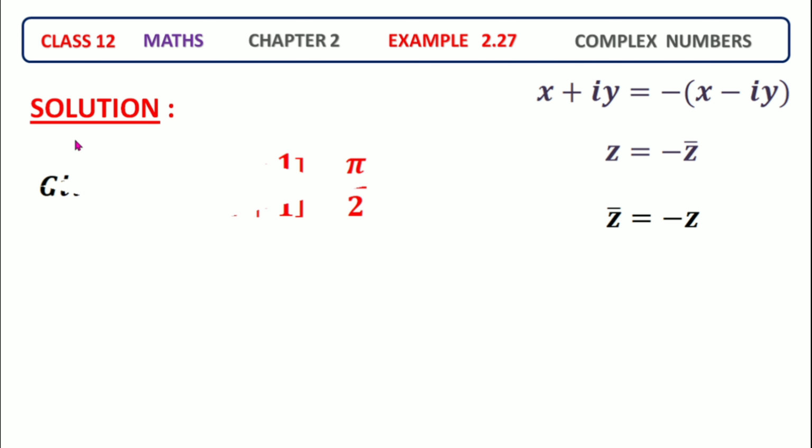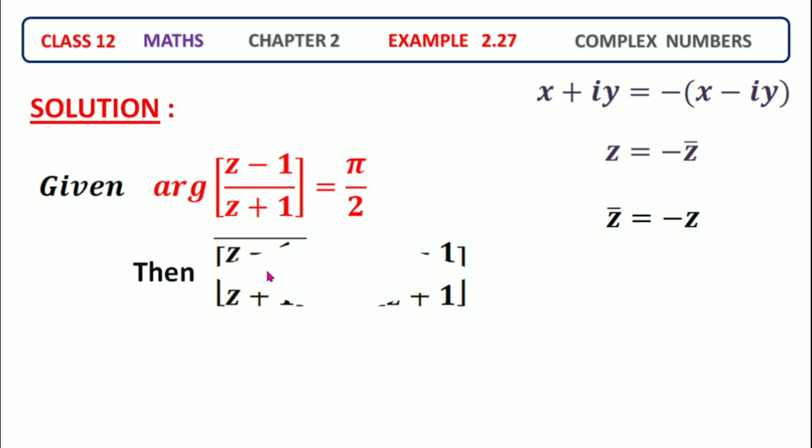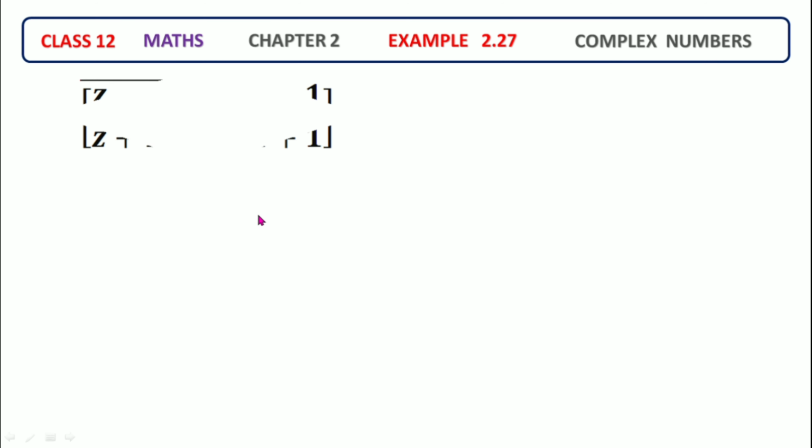Solution: given that argument of (z minus 1) divided by (z plus 1) is equal to pi by 2, then the conjugate of that complex number is equal to the negative of the given complex number. Here is the complex number, both numerator and denominator.